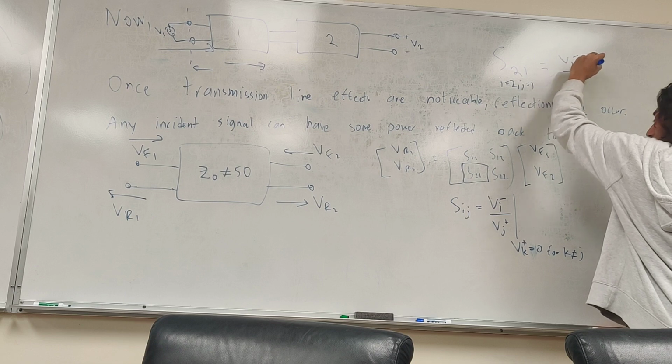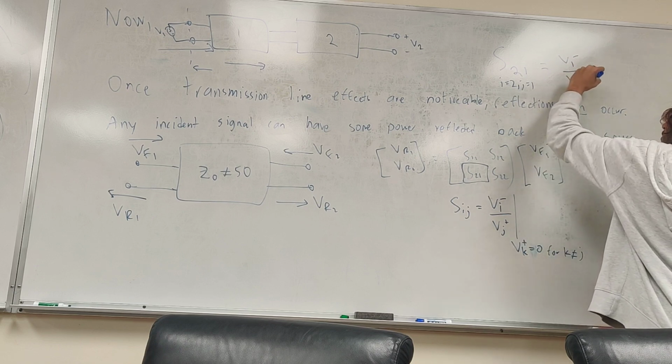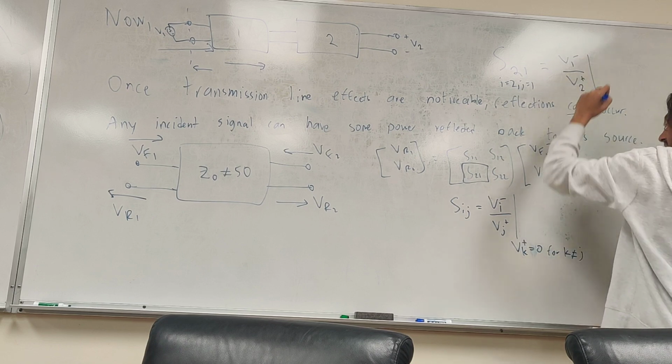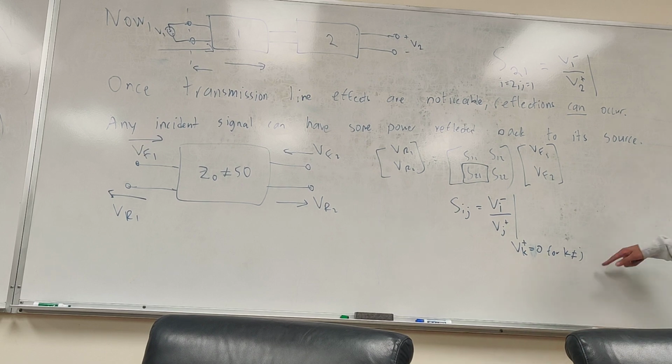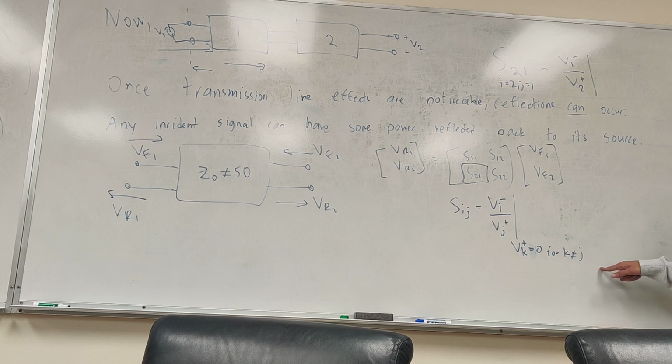V1 minus over V2 plus, given, and now here's the thing, j is 1. We're assuming this is a 2-port, so that means that j can either be 1 or 2. So if j is already 1, k cannot be equal to 1, because j is 1 over here.